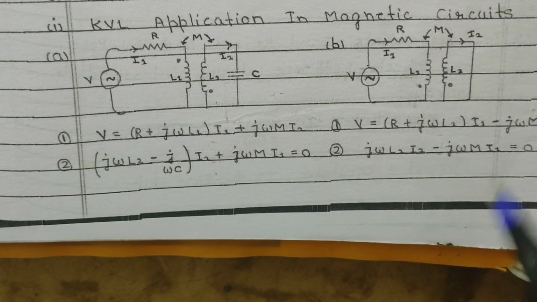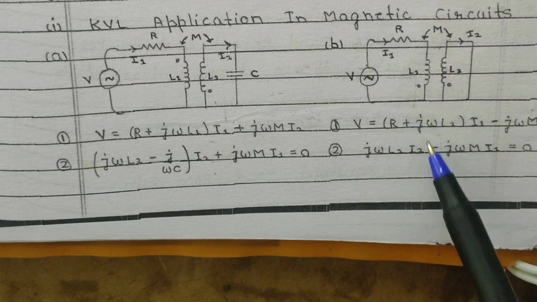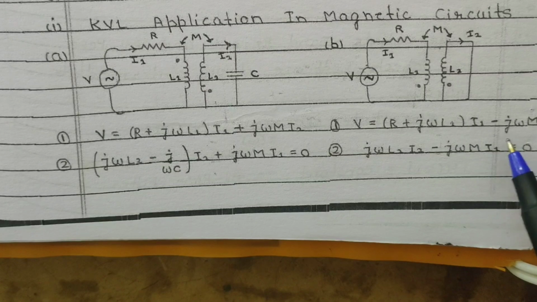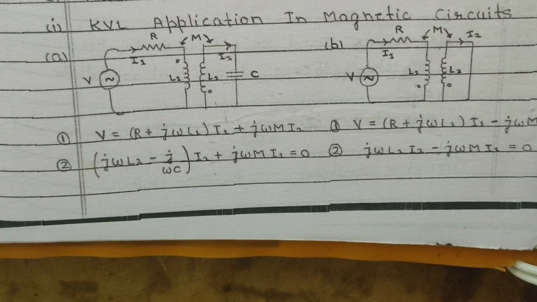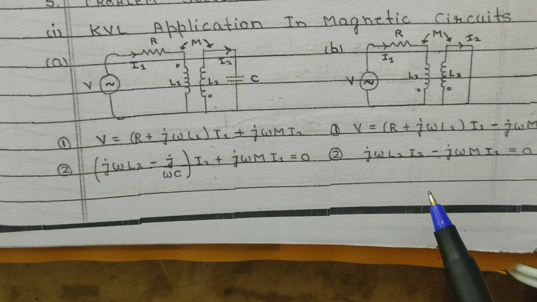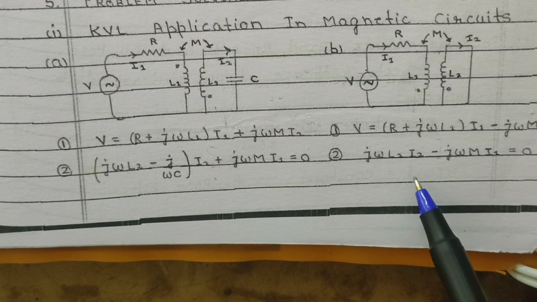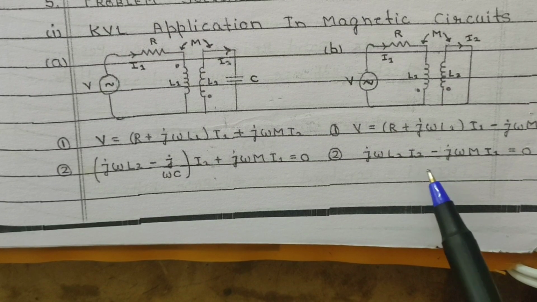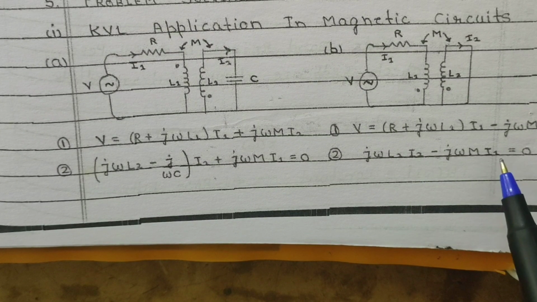Similarly, in this case, V is equal to (R plus j omega L1) into I1 minus j omega M into I2, and the second loop has j omega L2 into I2 minus j omega M into I1.